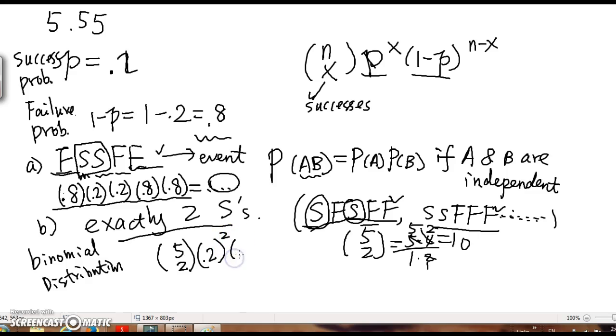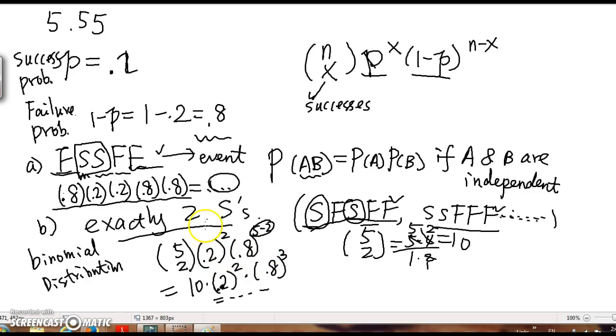And 1 minus p is 0.8, raised to 5 minus 2. If we have 2 successes, we must have 3 failures. So we're going to calculate 10 times 0.2 times 0.2 times 0.8 cubed. And you can find out what the answer is.